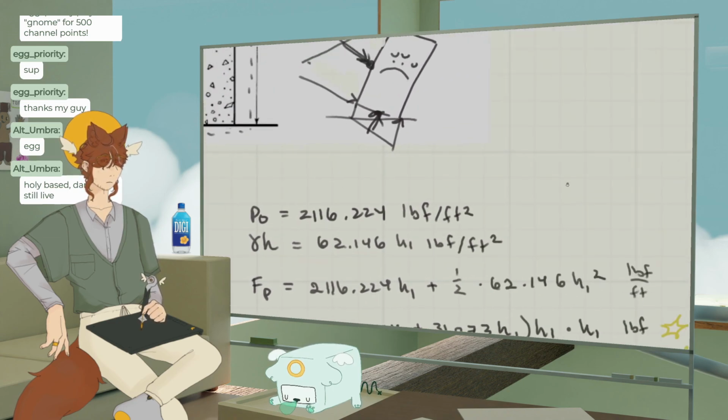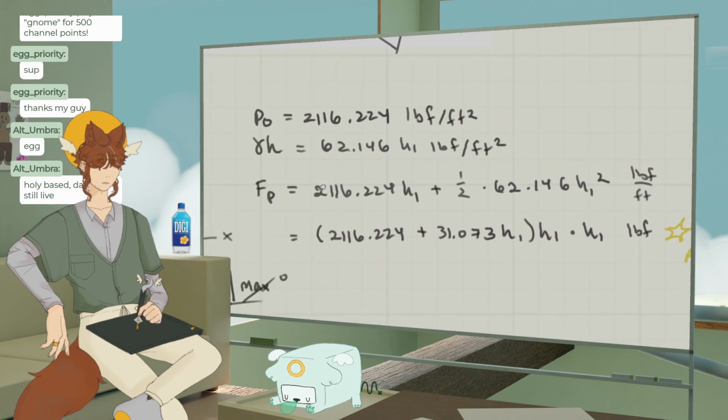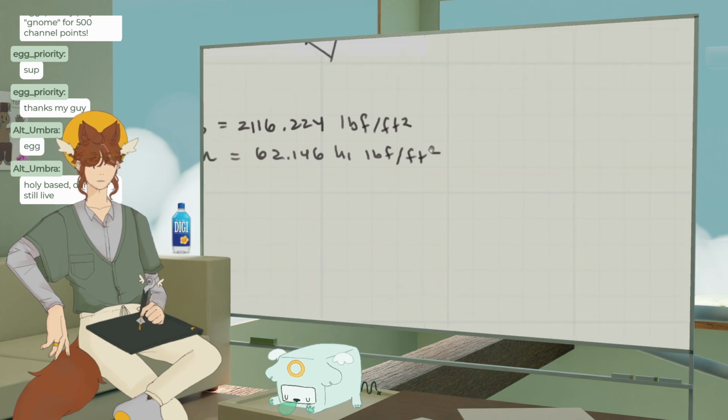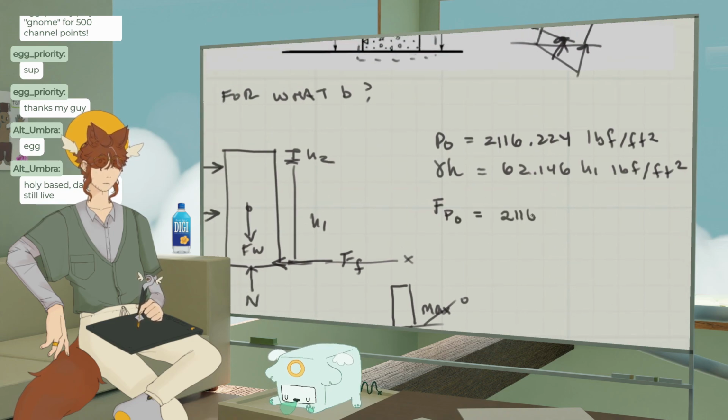So pressure equals force over area. Not force times... Wait, no, but force equals pressure times area. Okay. So we need to change this definition. Okay. FPO equals 2116.224 times... So this is pounds force per foot squared.